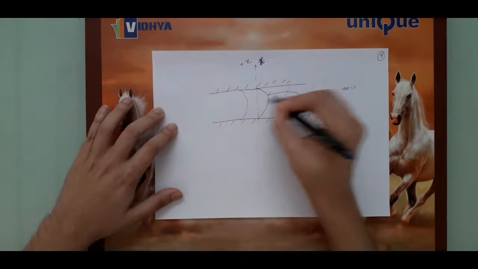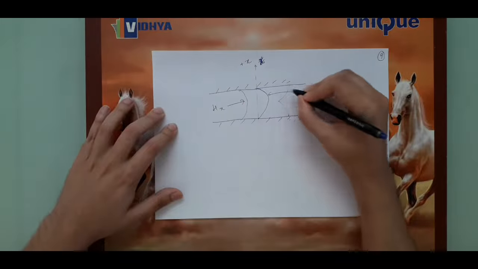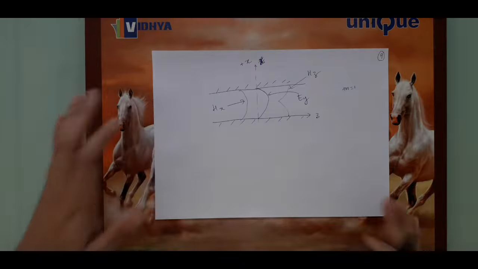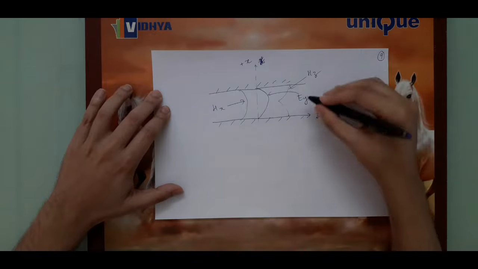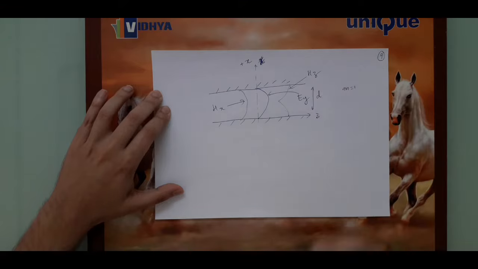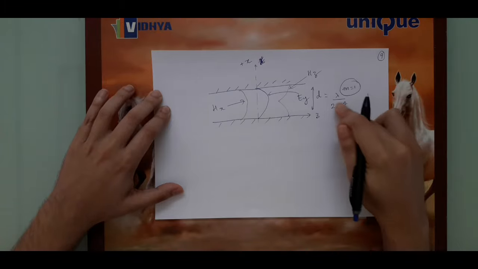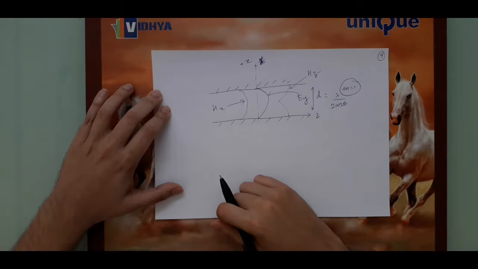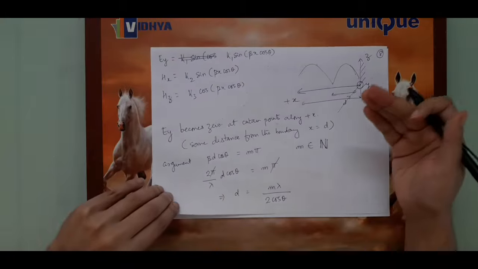So this is EY, this is HX, and this is H of Z. So now we have two conductors which are parallel to each other and separated by a distance d, where d is equal to lambda by 2 cos theta. I have put m as 1, so therefore d will be equal to lambda by 2 cos theta. And this is what we have essentially proved and seen its practical implication this way.